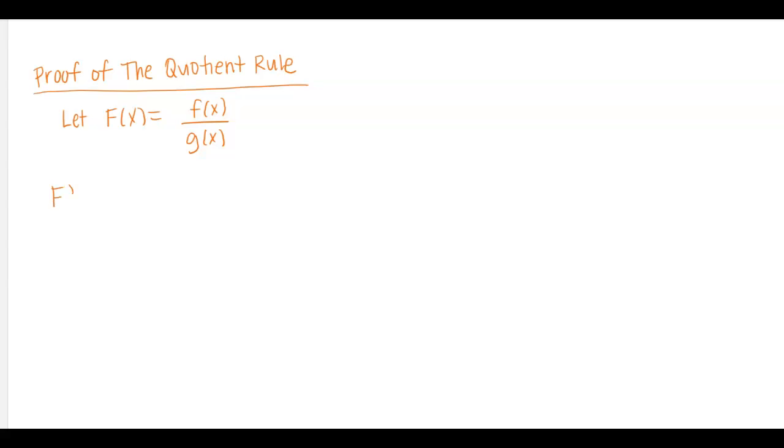Then the derivative will be f of x plus h. Oops, I forgot my limit here. The limit as h approaches 0. Again, just starting with the basic definition that we were using for the first couple weeks of the semester.